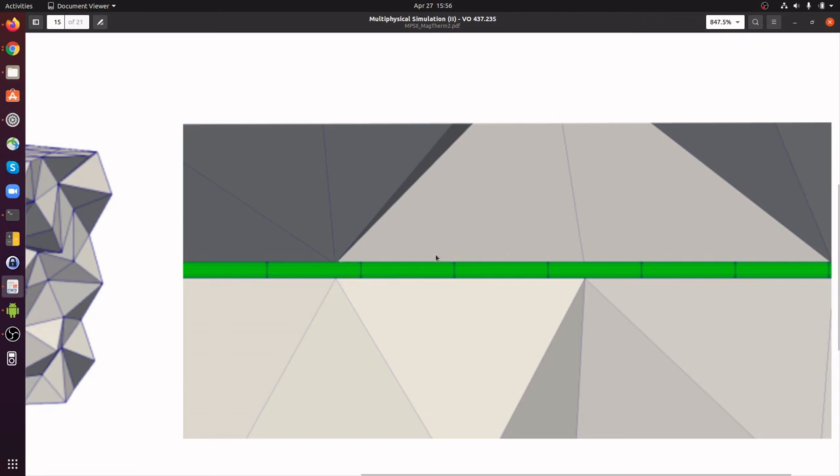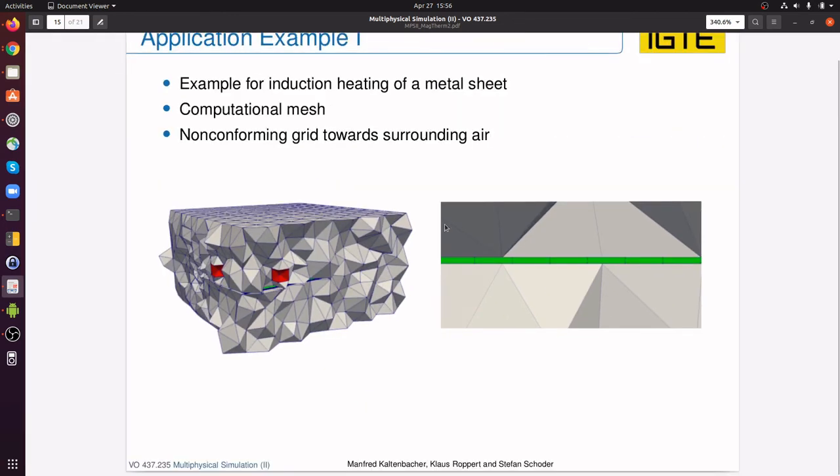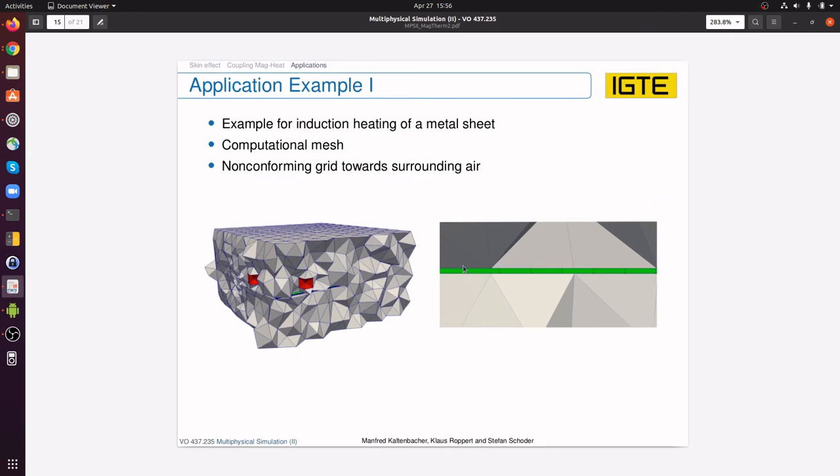So you can introduce jumps in the element size over these interfaces, and it's a very neat feature, especially if you're dealing with conducting elements submerged in an air volume. You want to refine eddy currents very finely in these conducting bodies, and in the air domain you don't need the fine mesh anymore, so you introduce this jump, and it's fine.